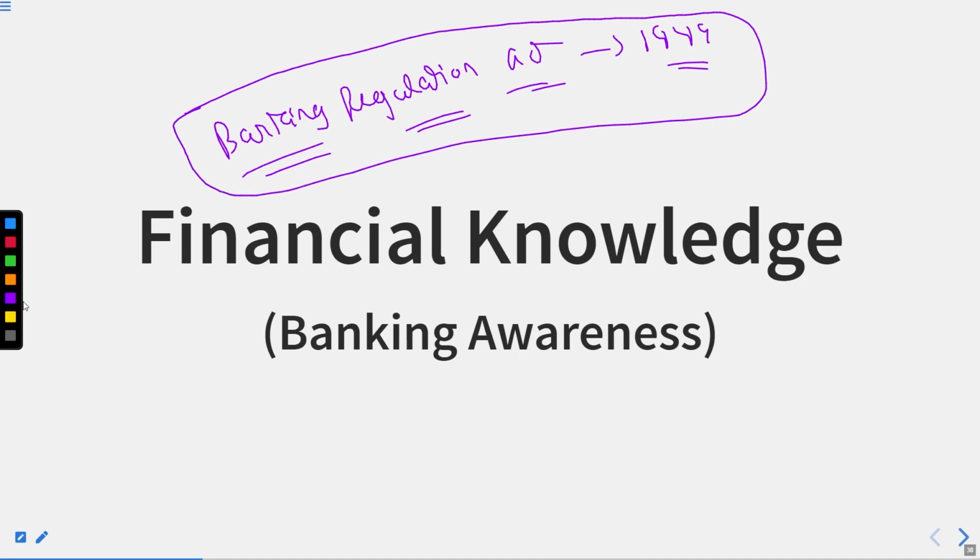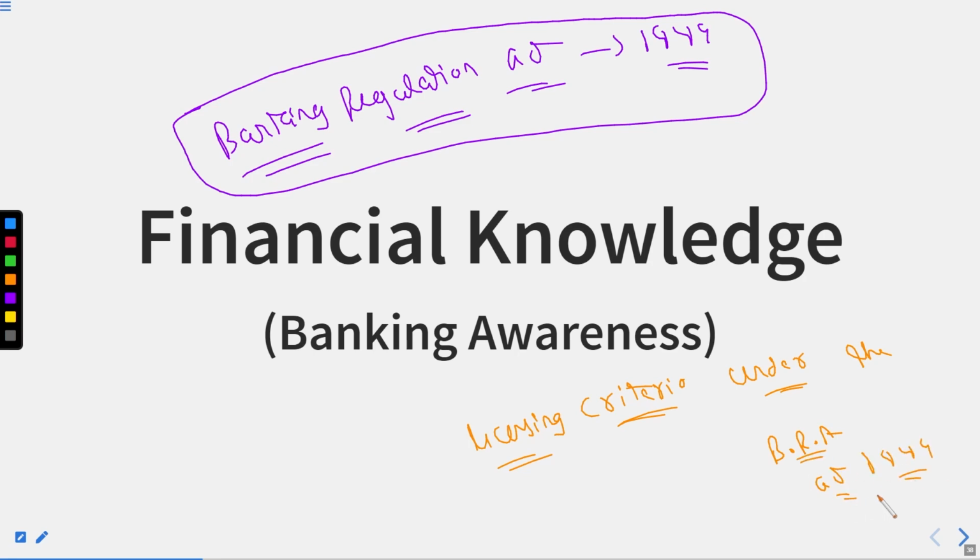Okay? And basically in the previous lecture we had started with the licensing criteria under the Banking Regulation Act 1949, like on what basis the license has been granted to the banks by the Reserve Bank of India.